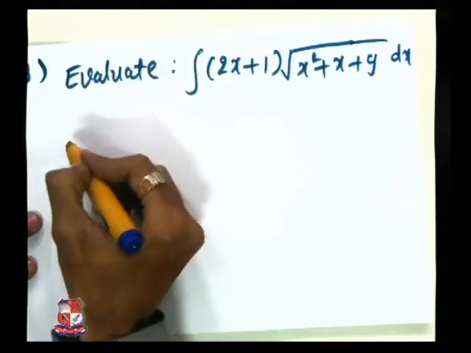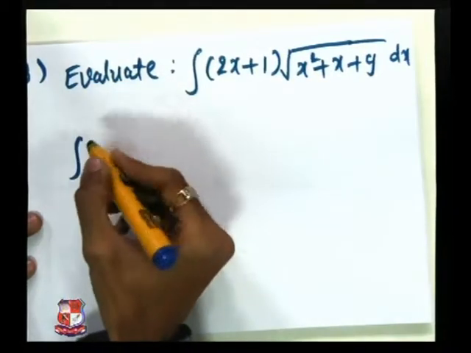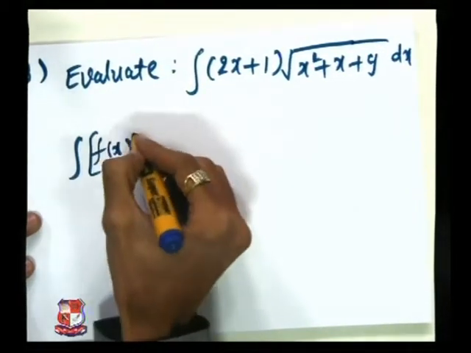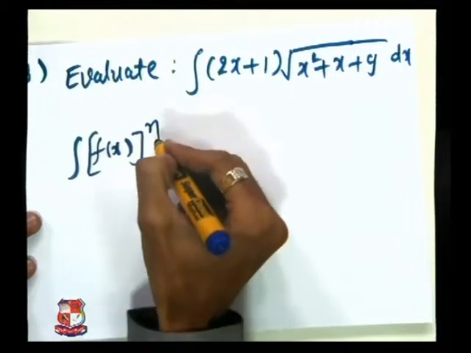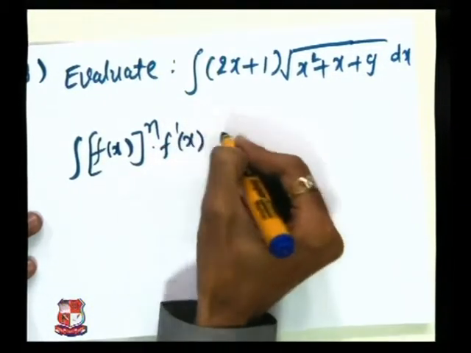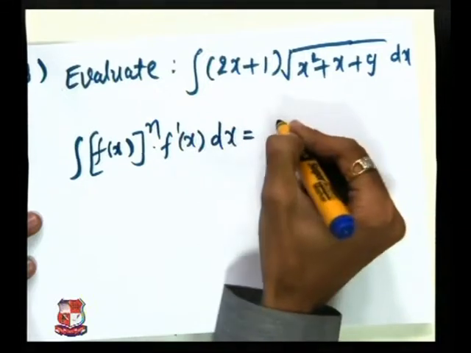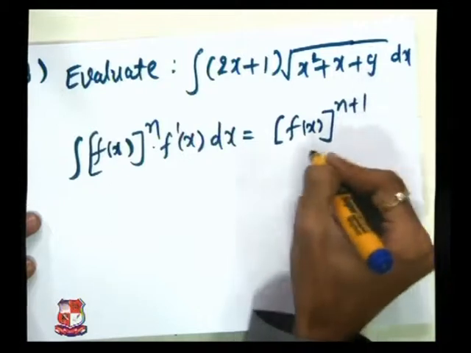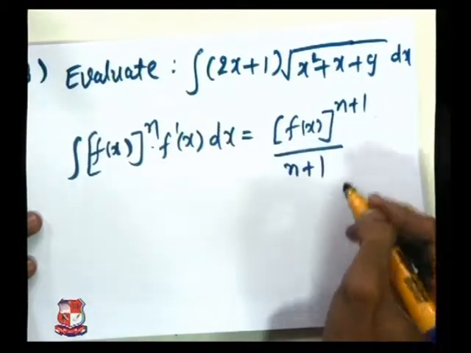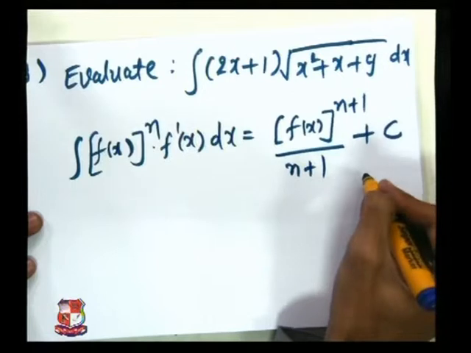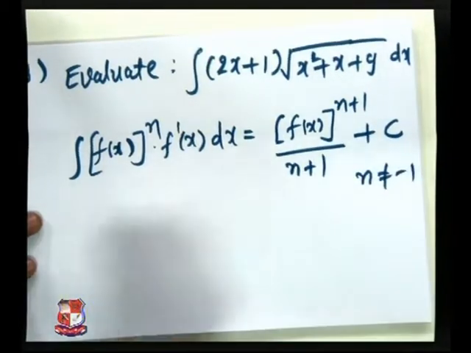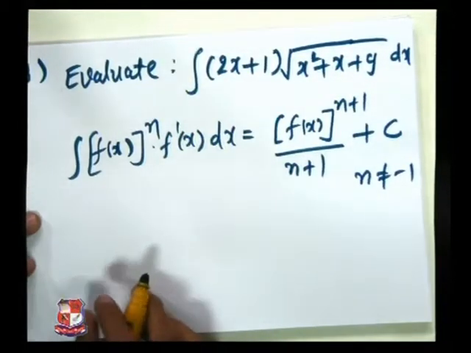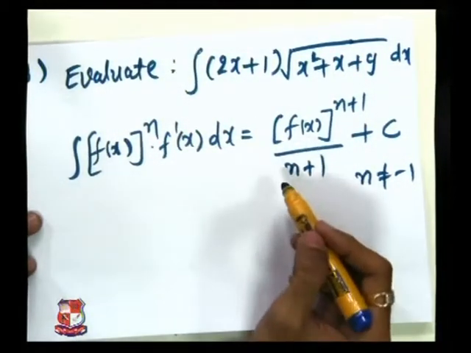If there is an integration like this, f(x) raised to n into f dash x dx, that is equal to f(x) raised to n plus 1 upon n plus 1 plus c, where n is not equal to minus 1. In this method we can find the answer directly in this way.